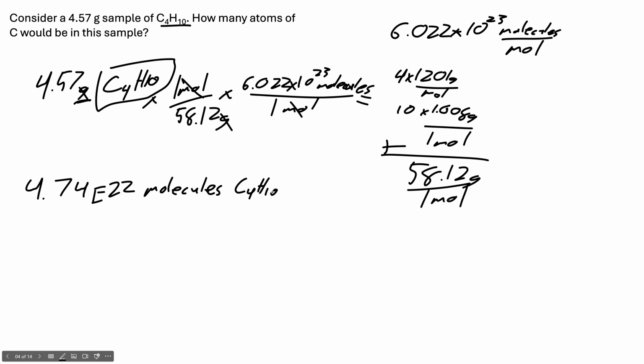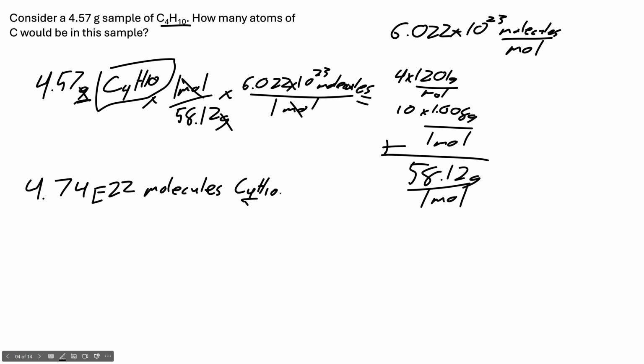Now, some of you might think this is the final answer, but we're not asked for how many molecules of C4H10. We're asked for how many atoms of carbon are in this sample. And so in order to figure that out, I have to think, well, how many atoms of carbon are there in one of those C4H10 molecules? Turns out 4. And so what I'm going to do is multiply this whole value by 4.